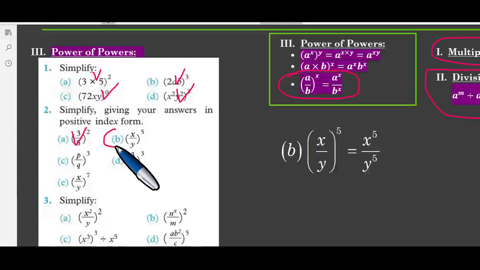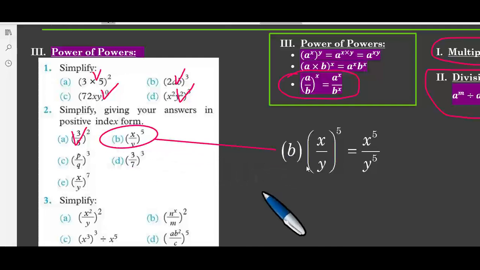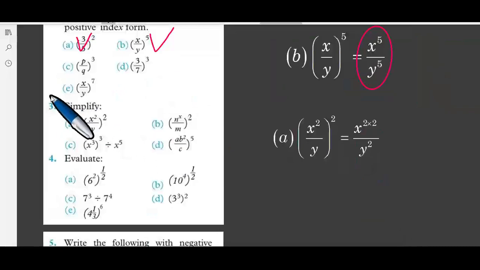Question B. Also apply the same law here, and we get x to the power 5 over y to the power 5. Good. Now let's solve this problem.